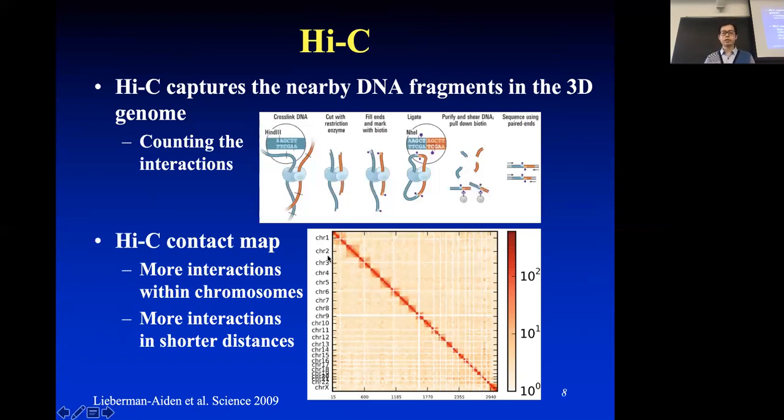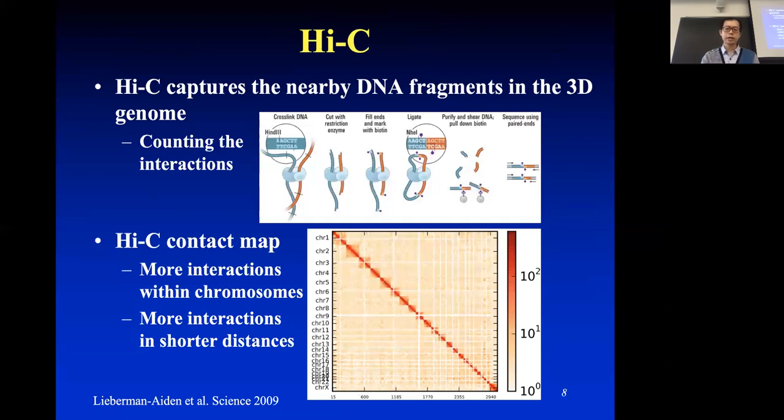The existence of those blocks is really saying that there are more interactions if the two regions are on the same chromosome. I think this makes sense, because if they are on the same chromosome, they have a physical constraint. They cannot move very far away from each other. So of course they have a higher chance to interact with each other in the 3D space.